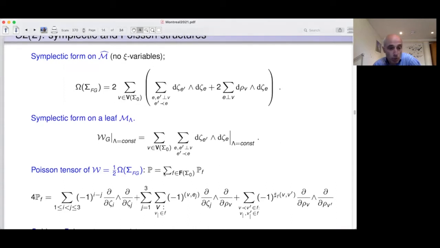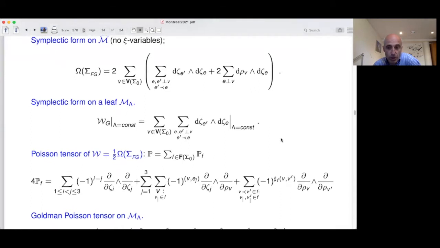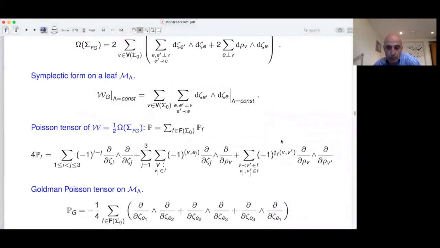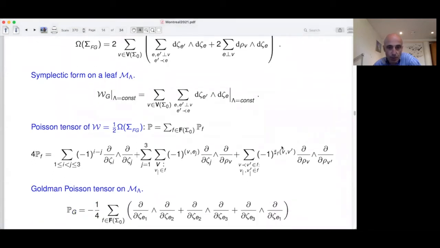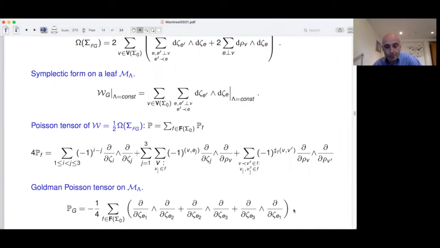And the corresponding Poisson tensor. So the question is now how the Poisson bracket itself looks in terms of Fock-Goncharov variables. Although various people say that it was kind of understood at the time of Fock and Goncharov, it was not stated explicitly. They never stated that their Poisson bracket coincides with Goldman's, but it does, at least in SL2 and SL3.